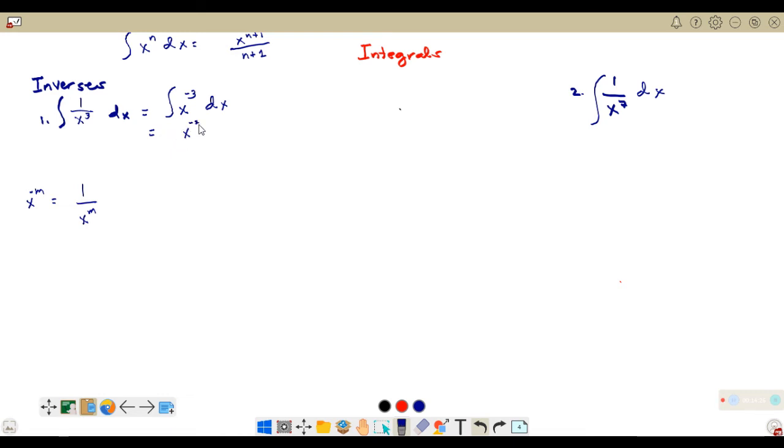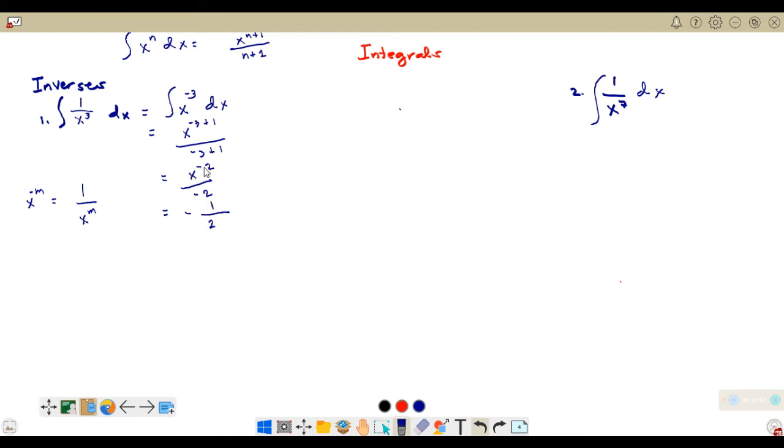X raised to negative 3 plus 1 over negative 3 plus 1. We have x raised to negative 2 over negative 2. So, we are going to end up with negative 2. Ayan, may 1 tayo dito sa taas.